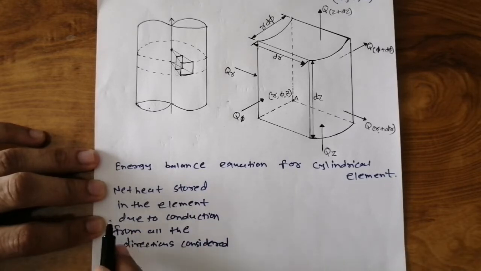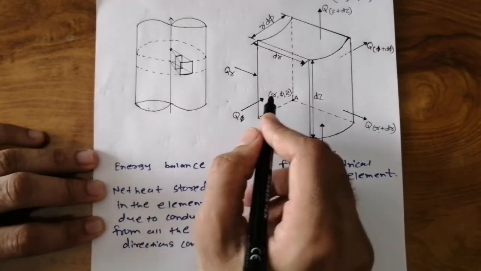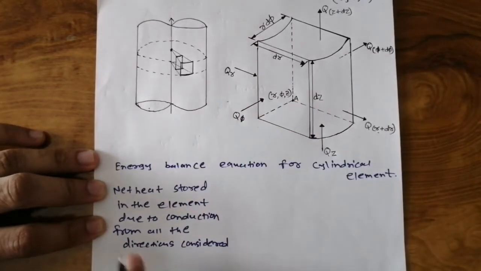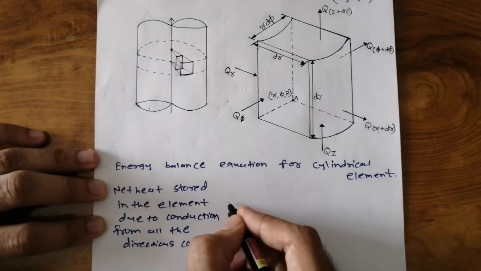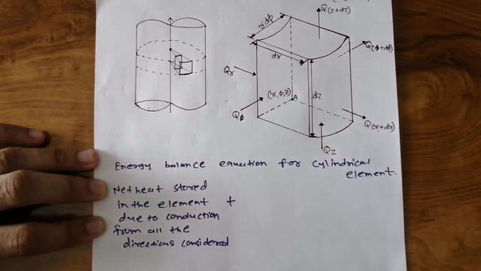First of all, the net heat stored in the element due to conduction will be considered. All directions means the radial direction, tangential direction, as well as axial direction. Heat in and heat out due to conduction will be considered here. Plus some amount of heat generated within the element will be considered.